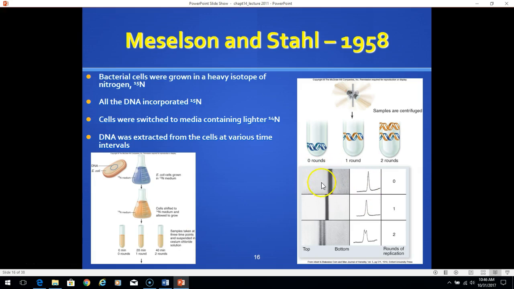In round 0, of course, all of it would be radioactive, because that's their 0 time point, the second that they removed it from the radioactivity into the fresh. Take a sample, and all of it is going to be radioactive because it hasn't had time to incorporate the fresh medium. After round 1, it's going to be a mixture of both old and new, so that's still going to look like a single band.